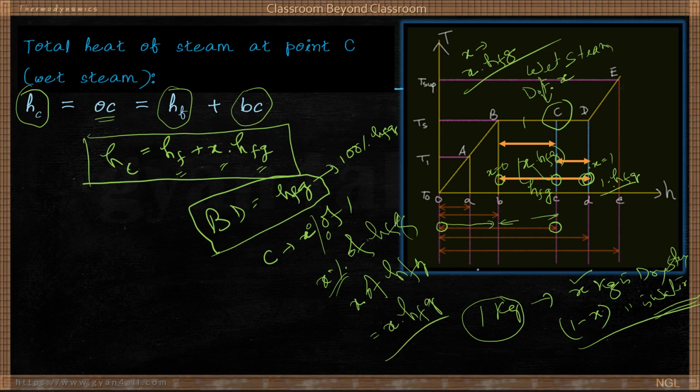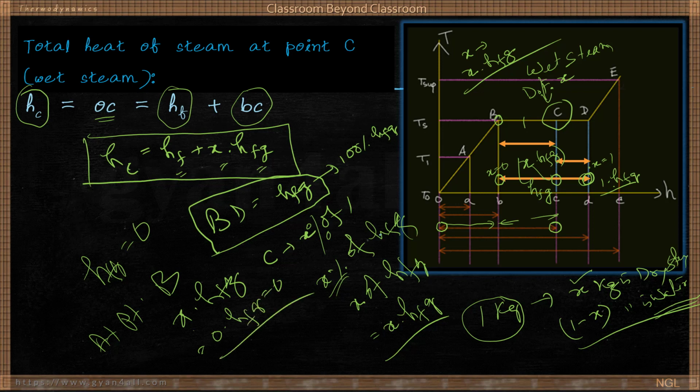Look at point B, what is the HFG, how much will the latent heat be at point B? Sir, 0. HFG equal to 0. So at point B, X into HFG, what is X? 0 into HFG, it is 0.